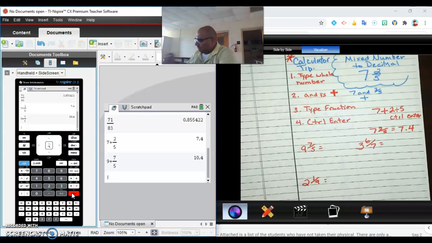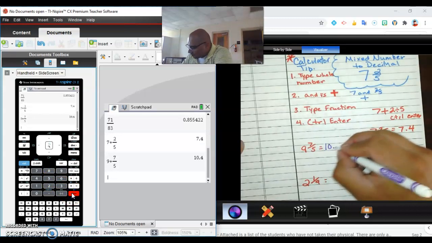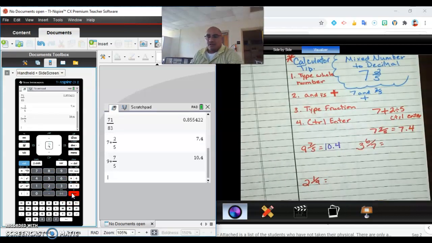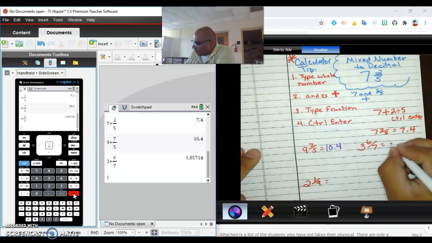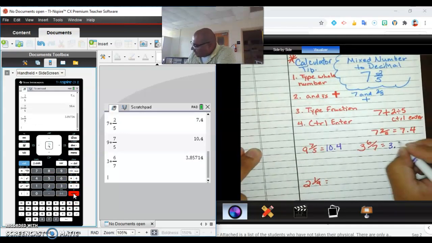We get 10.4. The next one, 3 and 6/7. That means 3 plus 6 divided by 7, Control Enter. We get 3.85714.